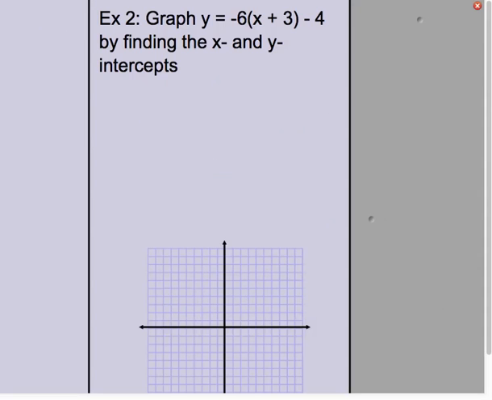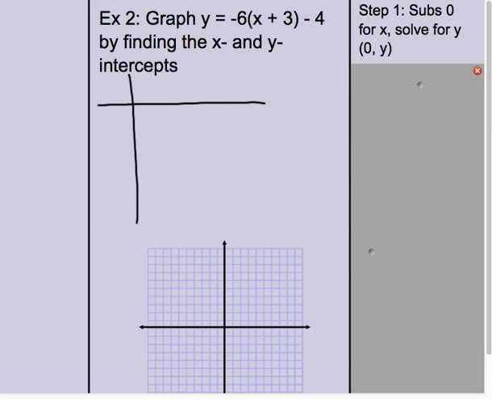Let's look at one more graphing from intercepts. Same process. Set up your table if you prefer. Get your equation in the middle. Substitute 0 for x, solve for y.